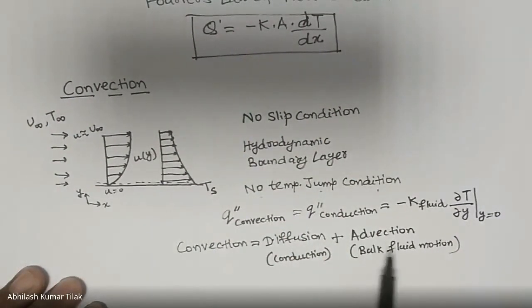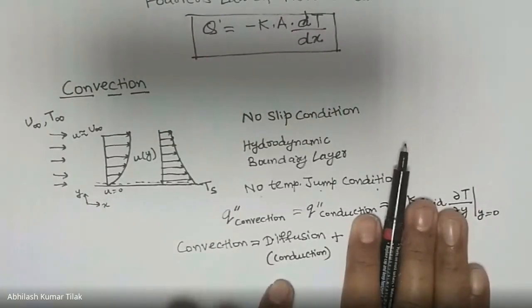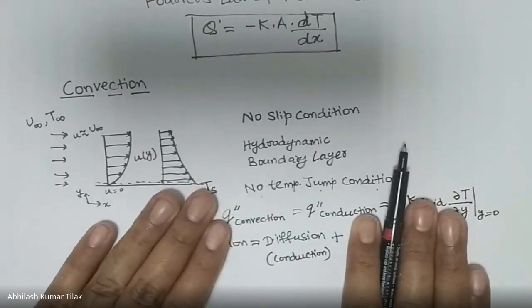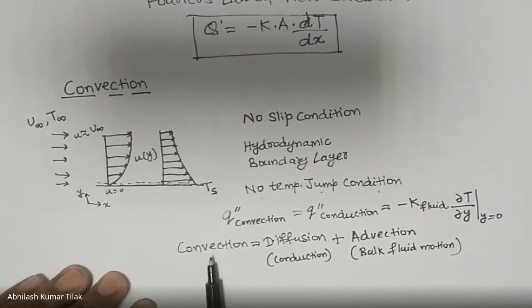That is the process of advection. So if there is no advection and only diffusion is there, then the process is not convection. It is a conduction process. If both are involved, then only I can say that the process is a convection process, or convective heat transfer.